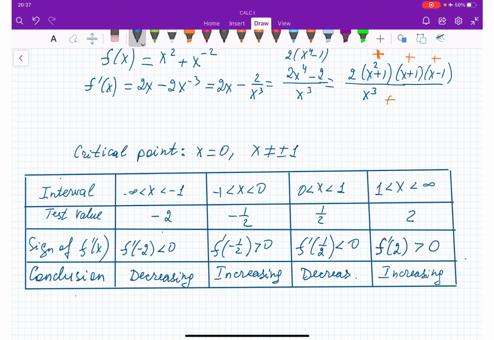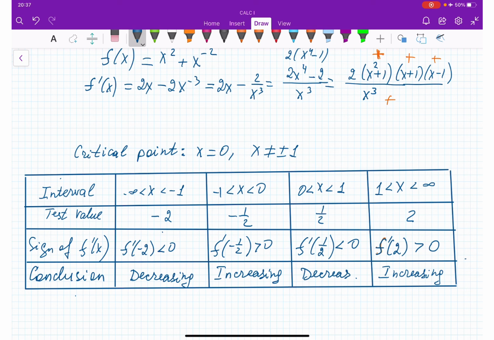Yes? Okay. So here we built this one, the critical points, where it is increasing and where it is decreasing.